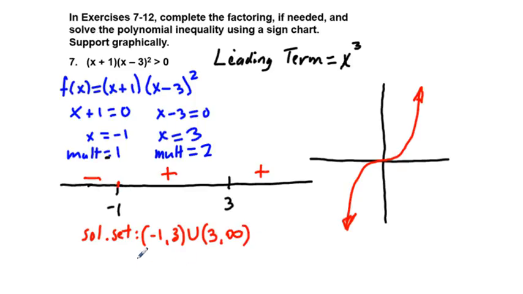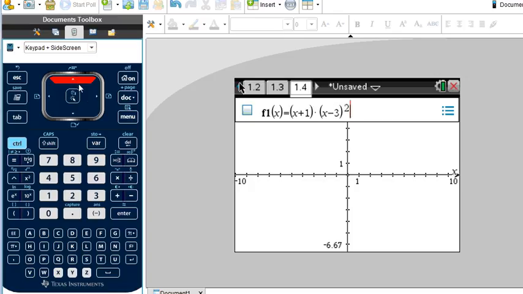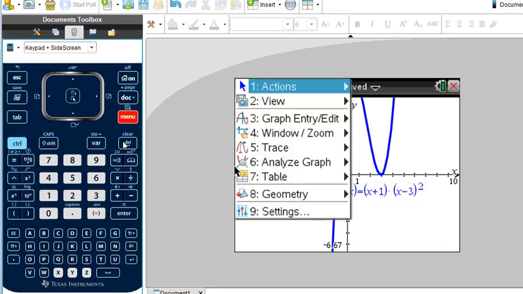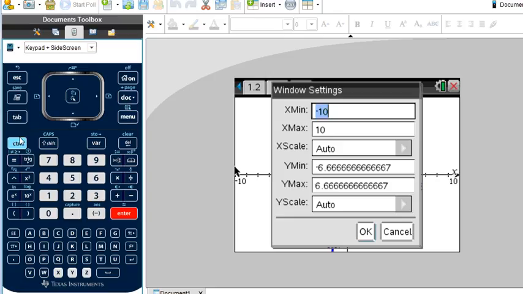And then lastly, it says support graphically, so we go to our graphing calculator, and I'm going to go to where I entered this function previously. You have here quantity x plus 1 times quantity x minus 3 squared. Press enter. I want to get a different window here to see that maximum. Menu 4, window settings.